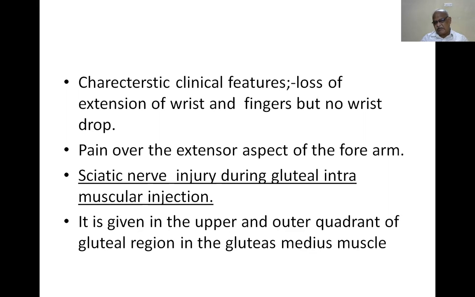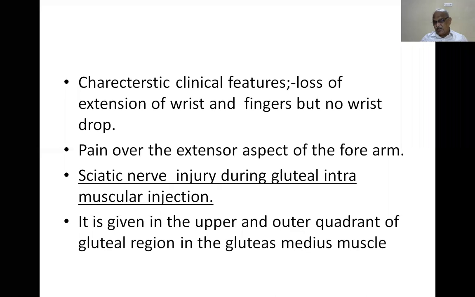The injection will go into the gluteus medius muscle, because in that area the sciatic nerve is not there, and the blood vessels are not there. So you can escape. If you give an injection in the lower quadrants of the gluteal region, it will cause sciatic nerve damage.